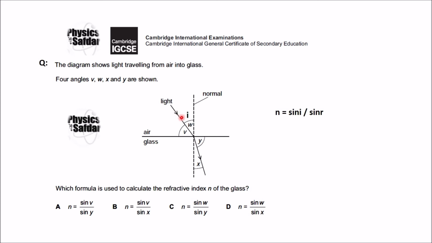So here i is equal to W. r is called the angle of refraction between normal and refracted ray. So the formula becomes n equals sin W over sin X. Now you can check your answer with the options. Option number D is the correct answer.